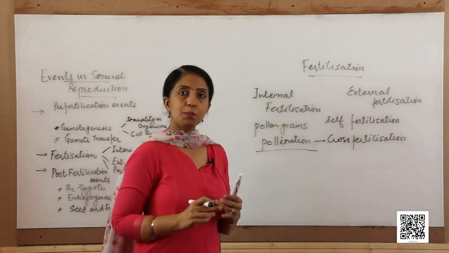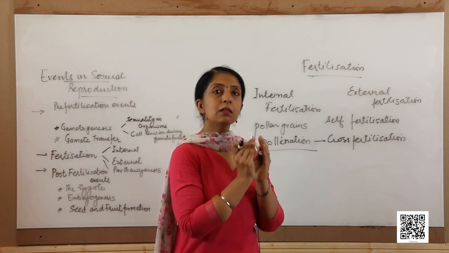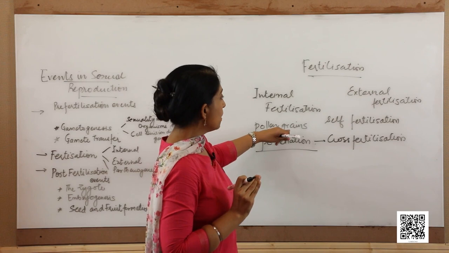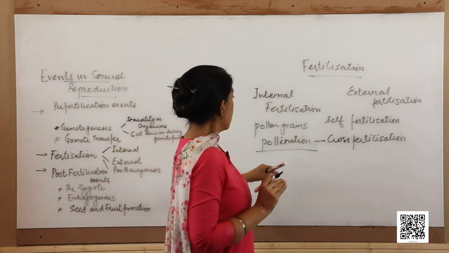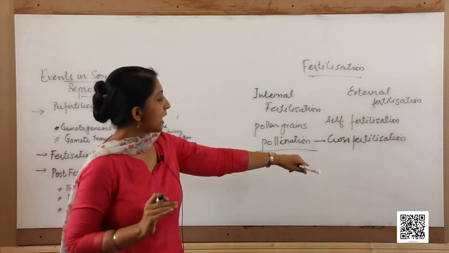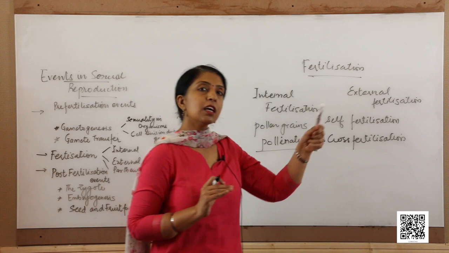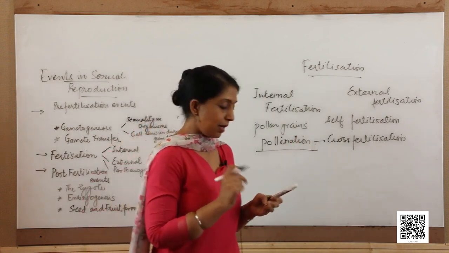In plants such as pea and wheat, in the closed bud condition, by certain mechanical movements, the male gamete from the pollen grain is transferred to the stigma of the flower. How this pollination takes place and how it facilitates cross fertilization will be taken up in detail in the chapter sexual reproduction in flowering plants.